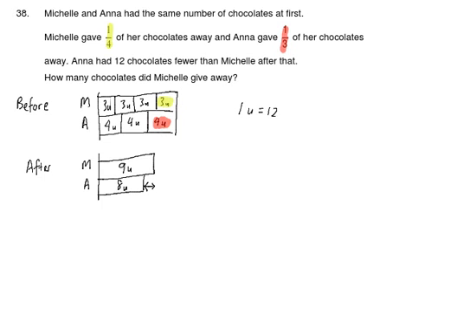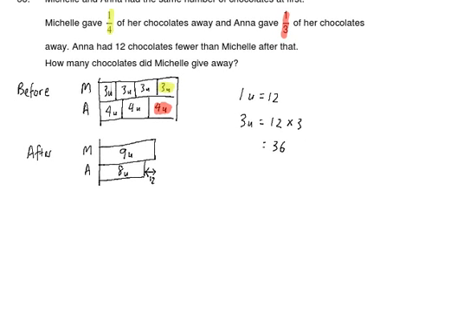How many chocolates did Michelle give away? How many units is that? 3 units, right? Which is 12 multiplied by 3 equals to 36. Okay, quite easily done. Remember to write your answer at the bottom.